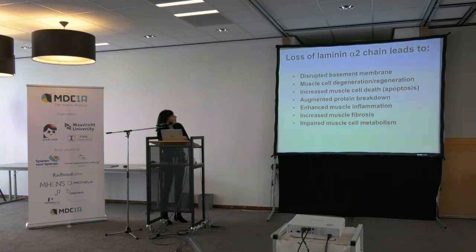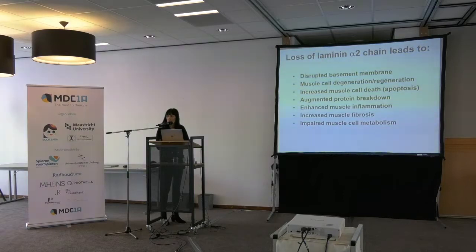Another typical hallmark of laminin alpha-2 chain deficiency is increased muscle cell death, a phenomenon we know as apoptosis, and I will tell you a bit more about that later as well. Another typical hallmark you see in a muscle biopsy is a lot of inflammation.